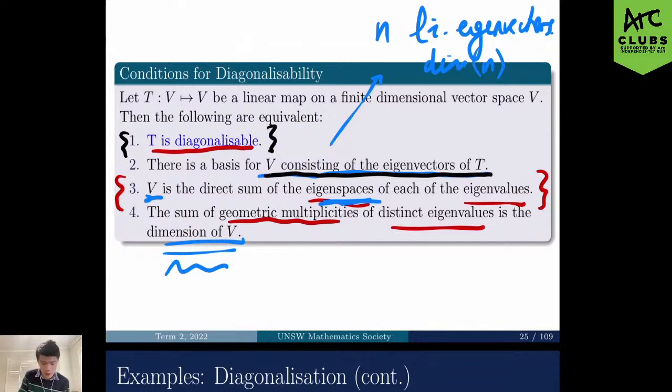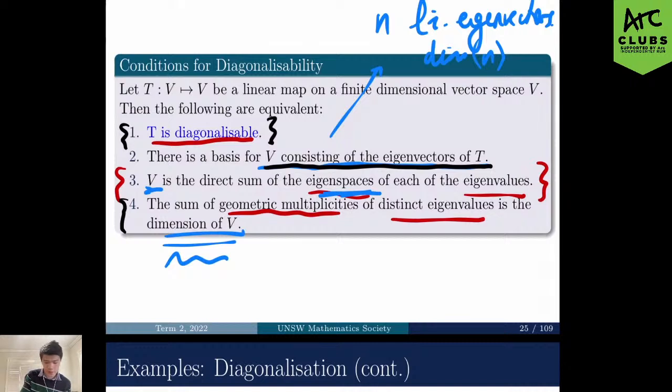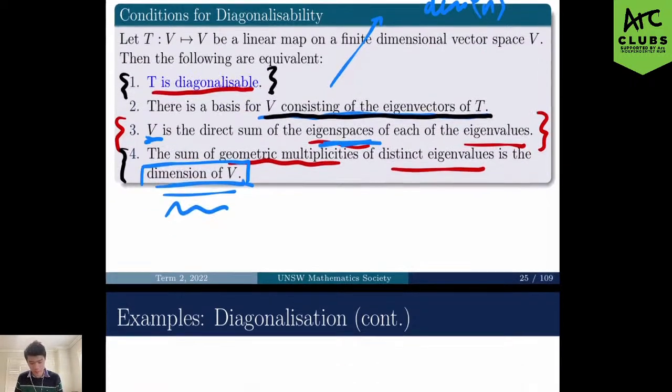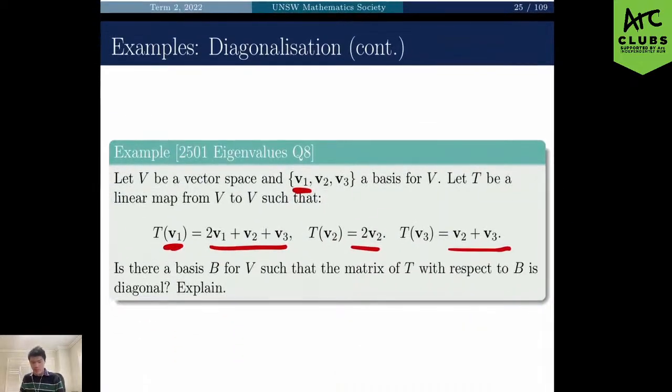And lastly, the sum of geometric multiplicities of distinct eigenvalues just means we're summing up the dimensions of each of the eigenspaces. So we're taking all of the eigenspaces, counting how many separate eigenvectors we've got. And if that equals the dimension of V, then it must be diagonalizable. Okay, so that was fun.